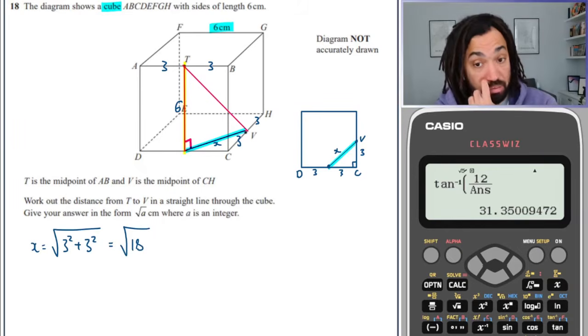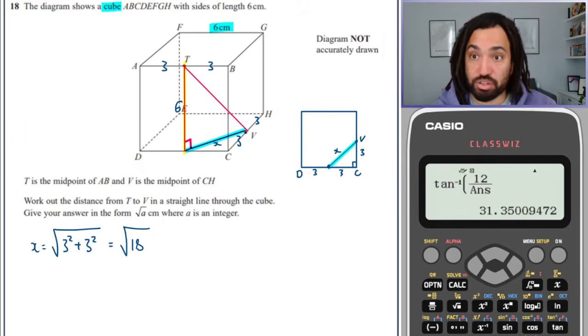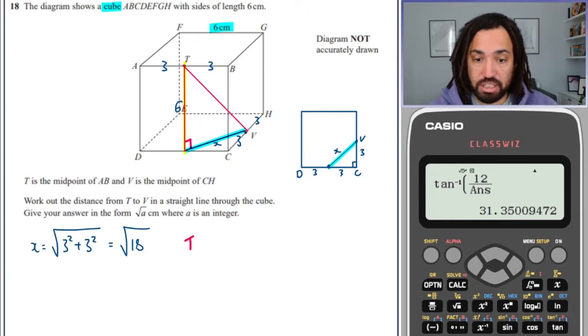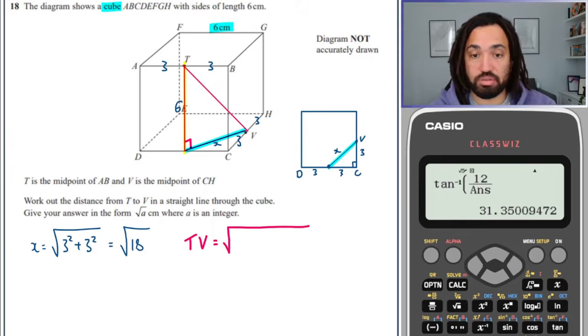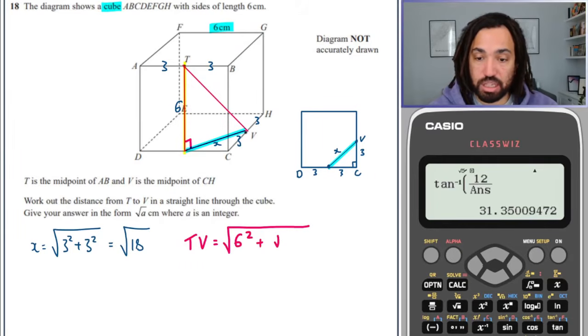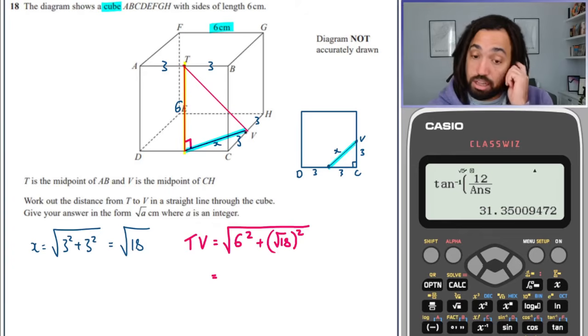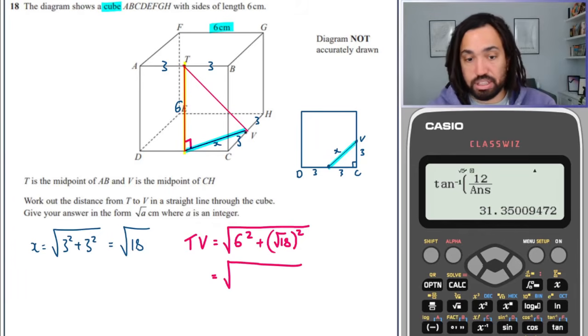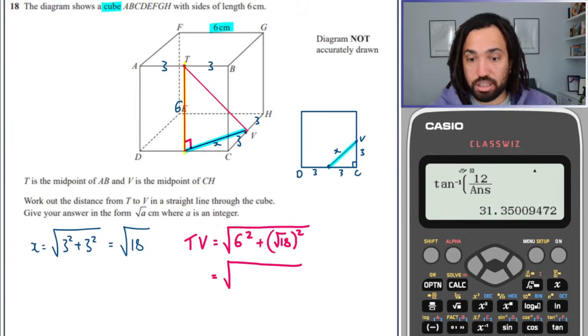Okay, now we've got enough information on our red triangle over there to work out TV. So that again is the hypotenuse of this red triangle, and one of the short sides is 6, and the other one is the square root of 18, as we've just worked out. Again, we don't actually need a calculator for this, because it does say give our answer as a surd.